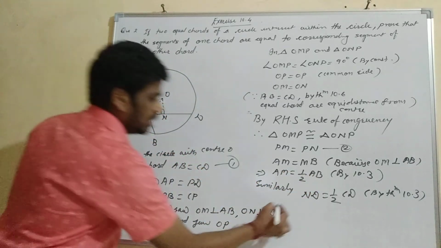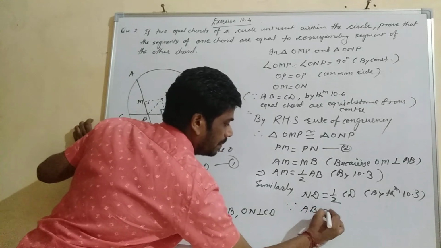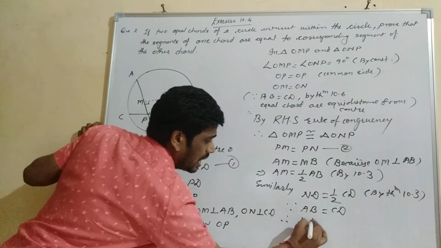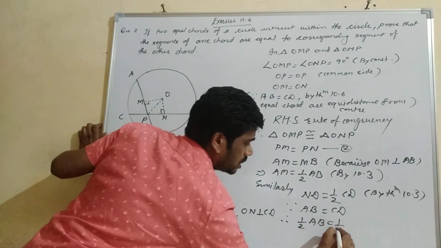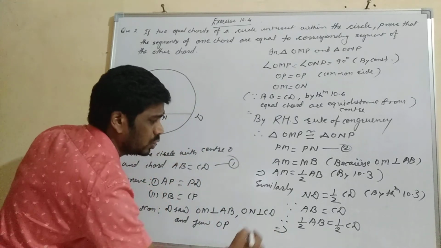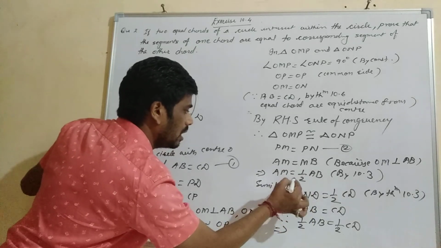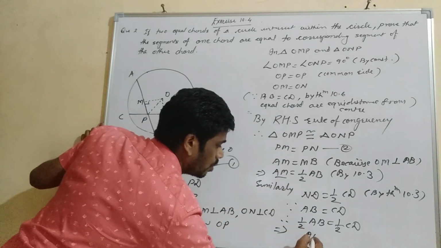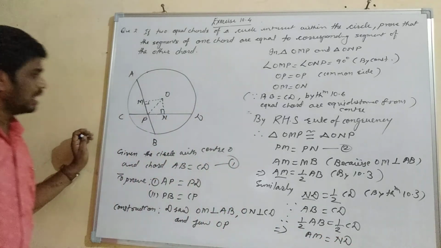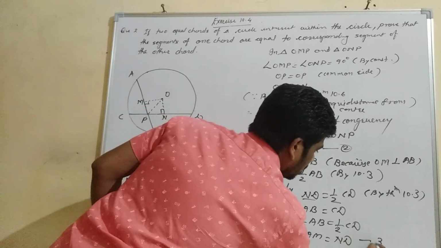So since AB equals CD, therefore half of AB will be equal to half of CD. And so AM will be equal to ND. This will be equation 3.